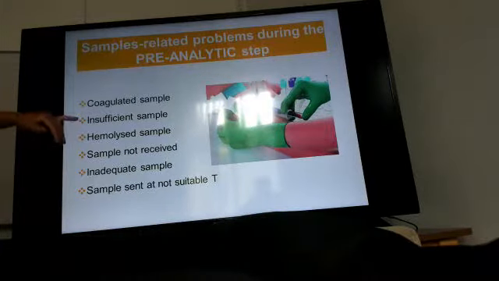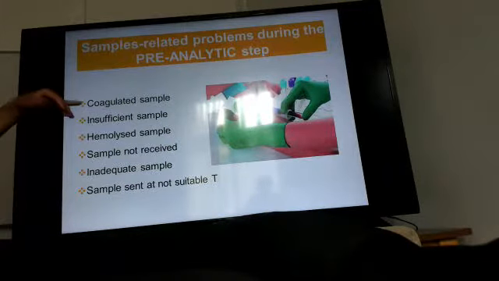Another possibility is that the sample has not been properly prepared, because we have different tube caps that correspond to different anticoagulants present in the tubes. The anticoagulant is at the bottom of the tubes.